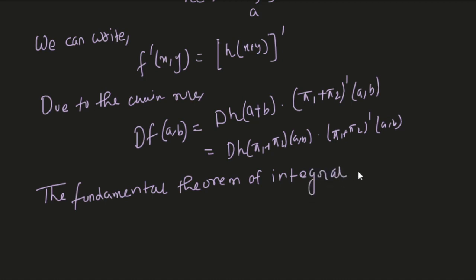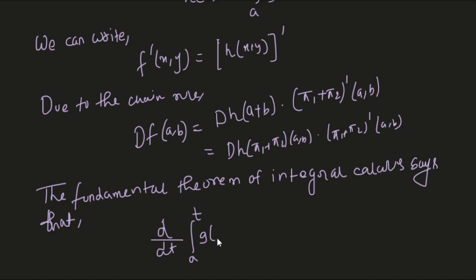The fundamental theorem of integral calculus says that if we differentiate d dt of the integral from a to t of g of x dx, for example, then this would just give you g of t.